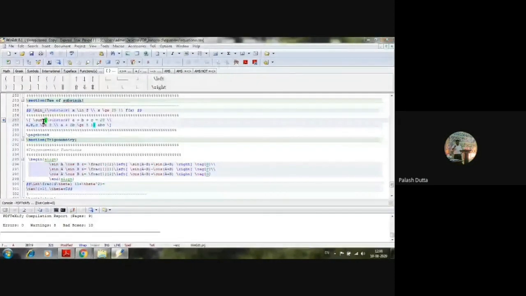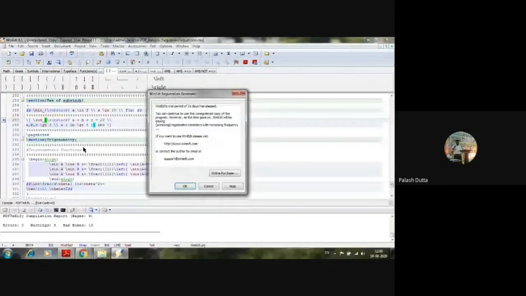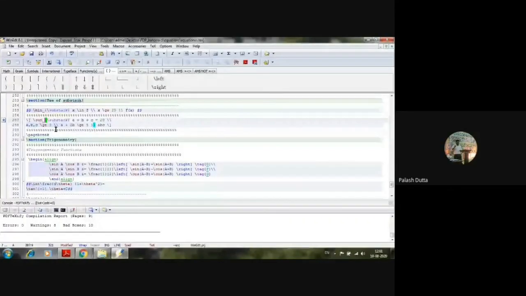When underscore is used, the expression comes below the sum. So we are using the double dollar symbol, which brings the expression to the center.